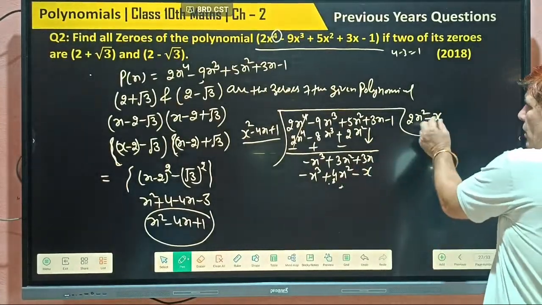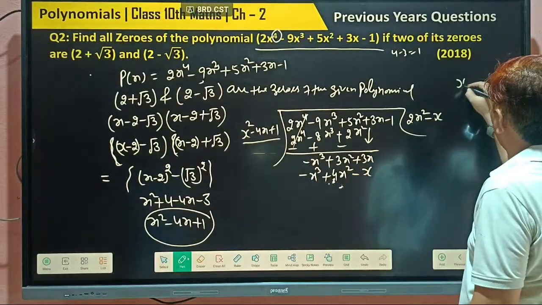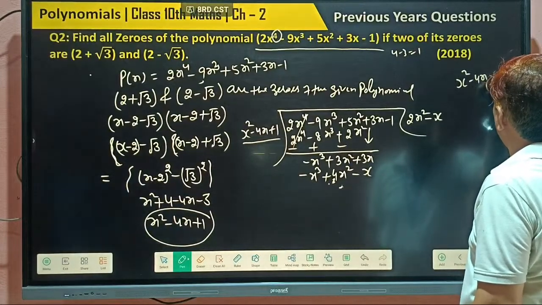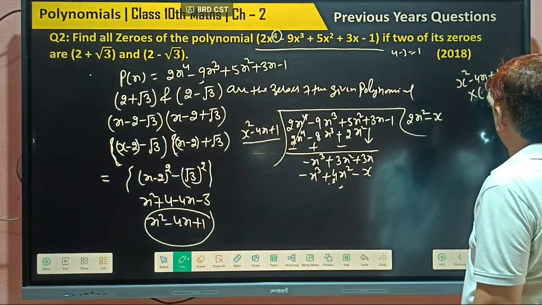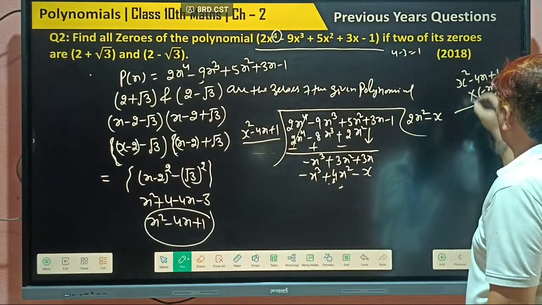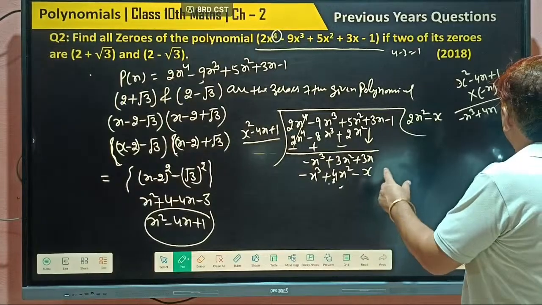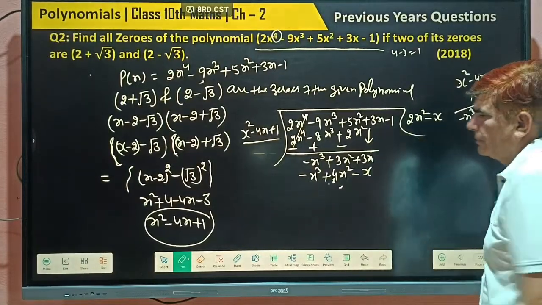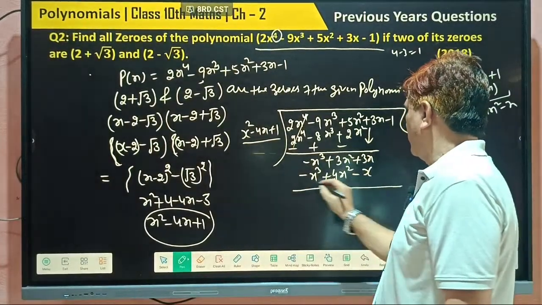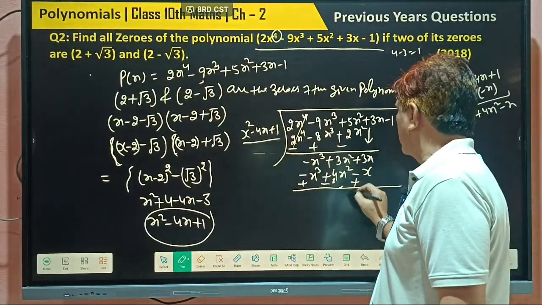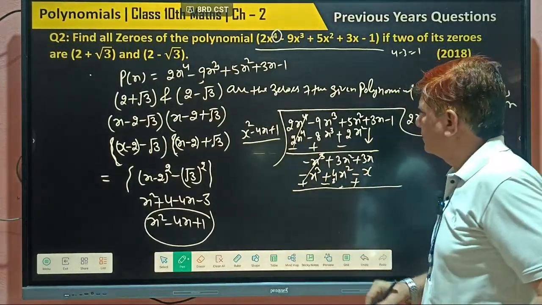Right or wrong? Otherwise you can write: x square minus 4x plus 1 and its multiplication with minus x. So its multiplication is minus x cube plus 4x square minus x. So again change its sign.